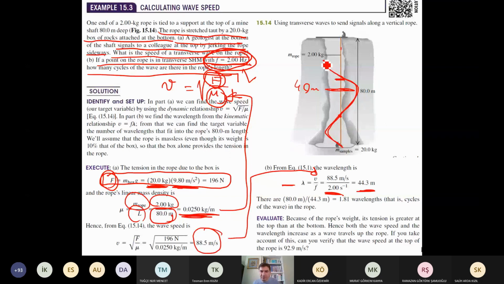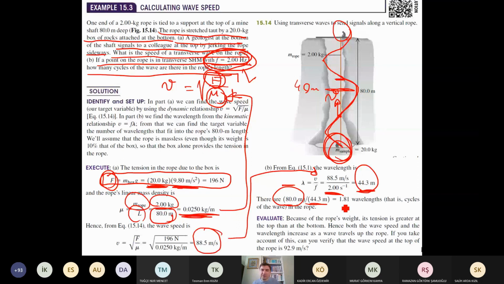So the wave is produced by this geologist, and then it moves with some certain v to this guy here. And this is the wavelength of the wave. And this is the length of the rope. This is the wavelength of the wave. Then we have 1.81 wavelengths.